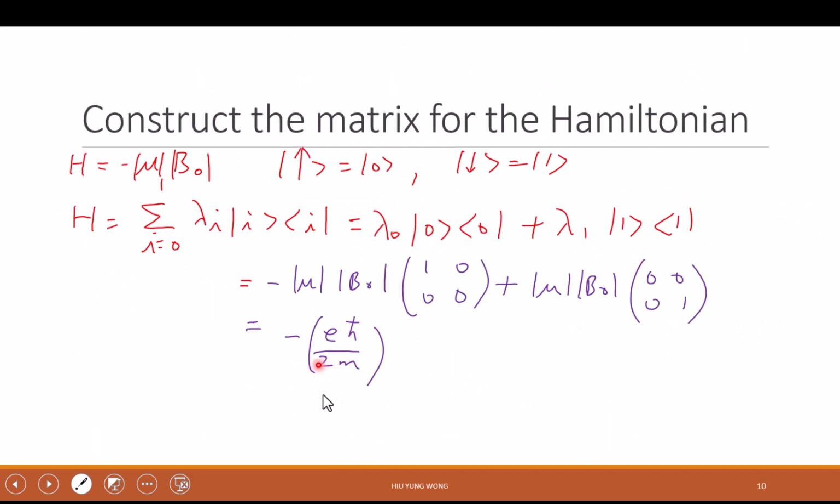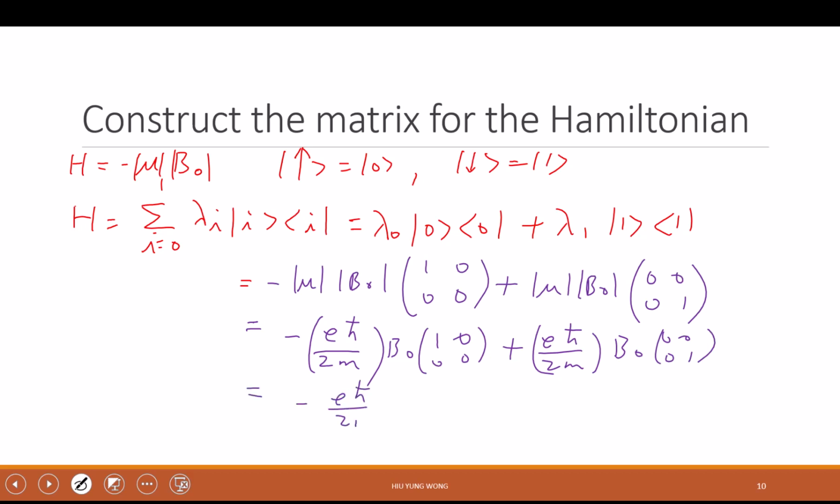So I have negative e h-bar divided by 2m times B0, 1 0 0 0, plus e h-bar divided by 2m times B0, 0 0 0 1, which equals negative e h-bar divided by 2m B0 times 1 0 0 negative 1. And that is what you said is the Z gate again. And indeed, I'm trying to implement the Z gate. This is equal to negative HZ sigma Z, where HZ equals e h-bar divided by 2m times B0.